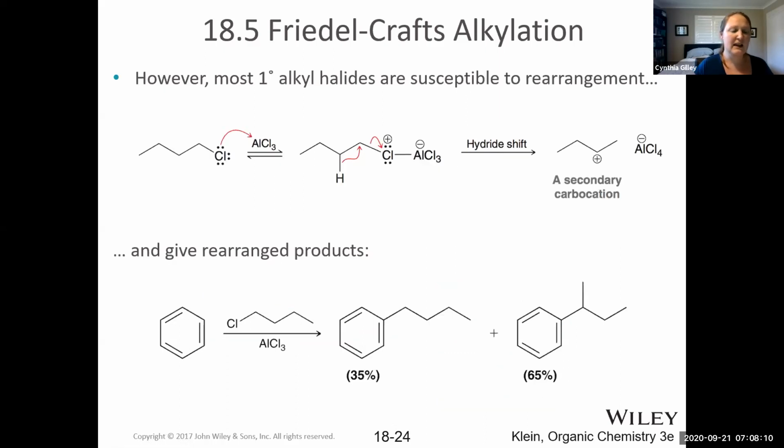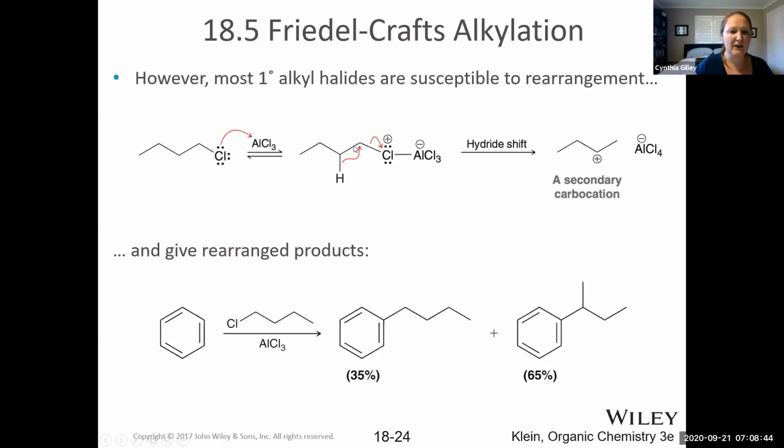Let's look at an alkyl group that's longer than 2 carbons. So I mentioned a propyl group or a butyl group. This example is a butyl group, right? So butyl chloride. Once it reacts with the Lewis acid catalyst, it forms the Lewis acid-base complex. At this point, something can happen that does not happen if this is an ethyl group. Specifically, we can get a hydride shift and simultaneous loss of a leaving group to form a secondary carbocation.